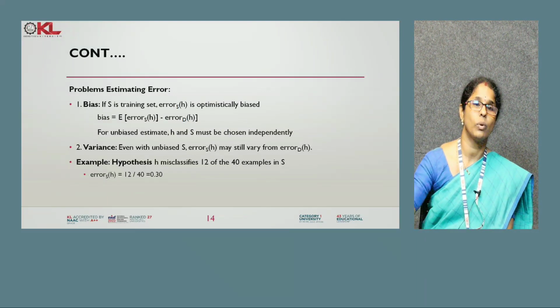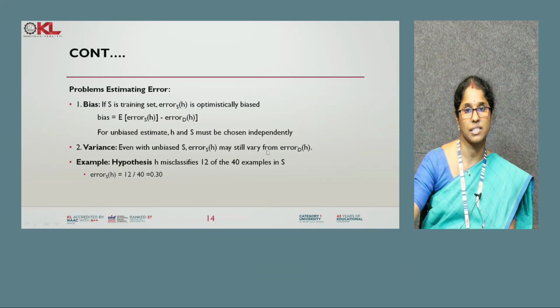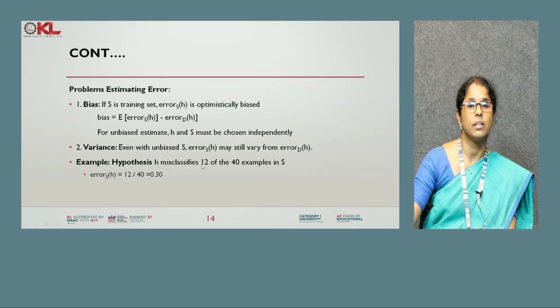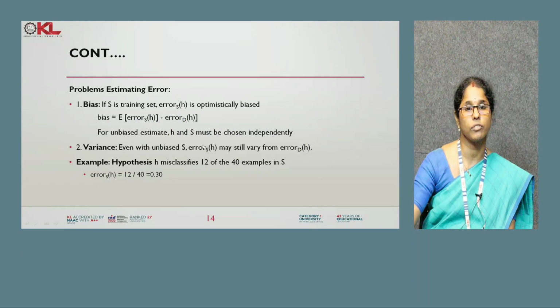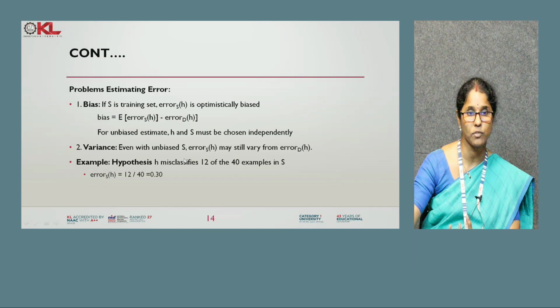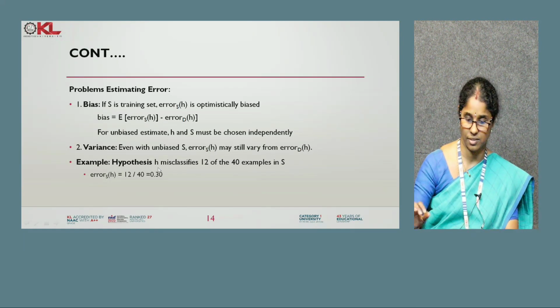Variance: even with an unbiased S, error_S(h) may still vary across the entire distribution. If you have 40 examples, out of which you misclassified 12, that is the sample we are talking about. So 12 by 40 is equal to 0.30. That's the error present.